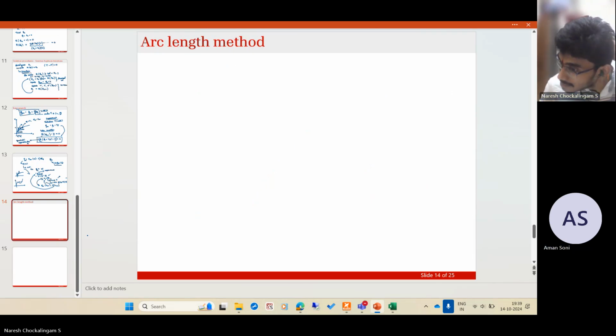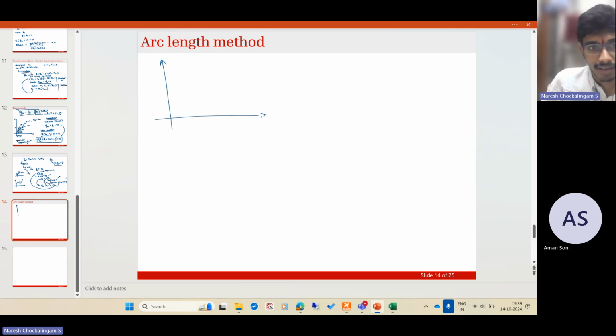The last thing, what I said in the last slide, was about limit points in the response. This is a 1D case, but in general we can have limit points in the response. Here, the tangent to the curve at this point is flat. The tangent to the curve at this point is flat, so it will not meet anywhere. The tangent is not invertible, basically.